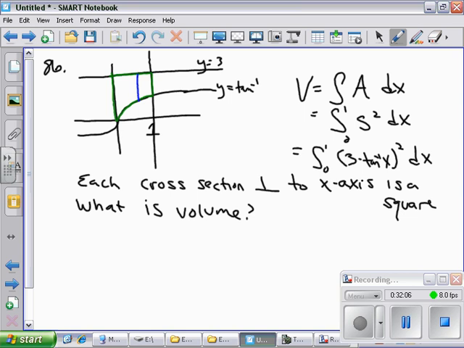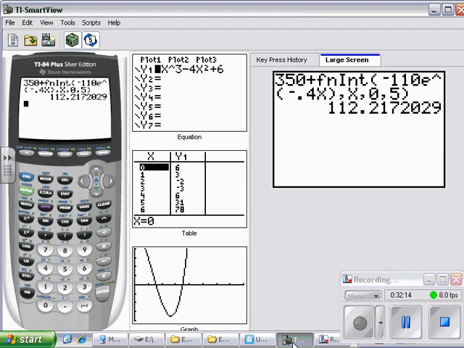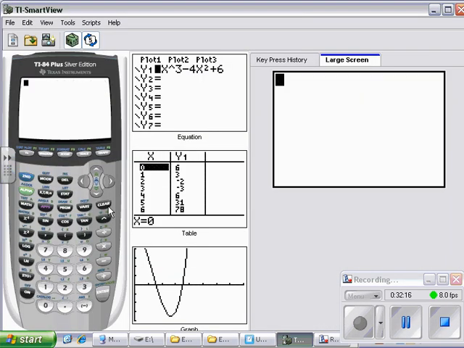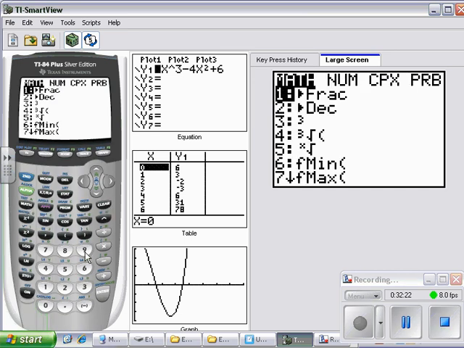And at this point, we can go to the calculator to put that in there. Math 9.